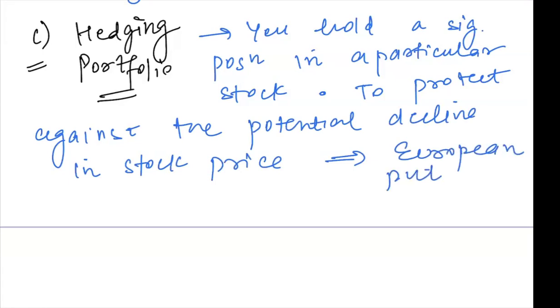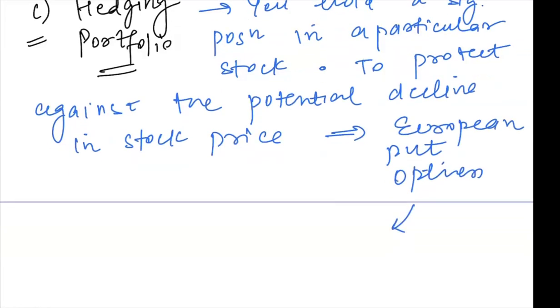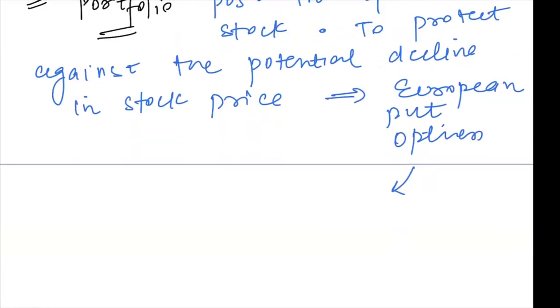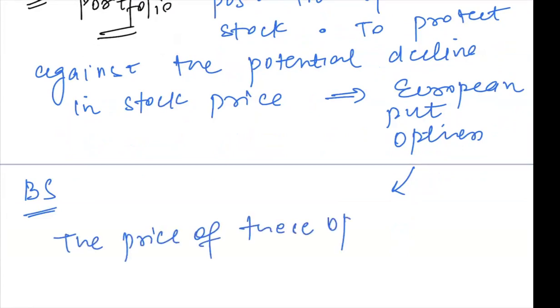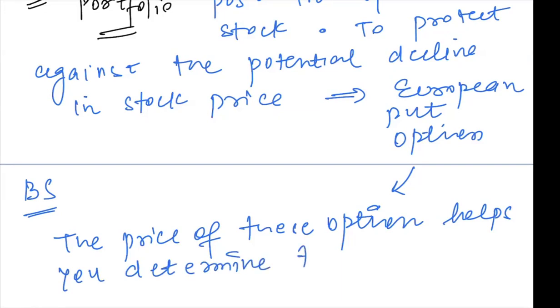Put gives you the right to sell. You entered into a European put option, right? So now when you use models like Black-Scholes, the prices of these options helps you determine the cost of this protection.